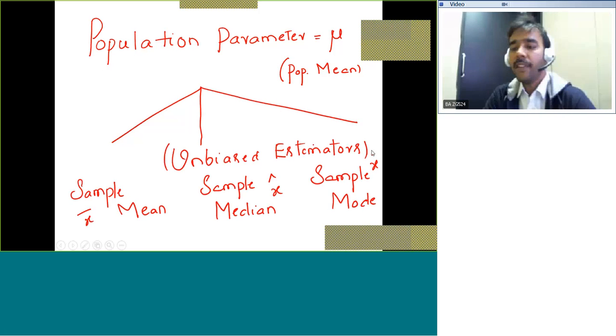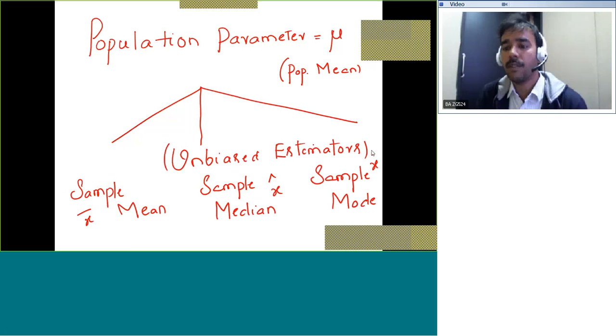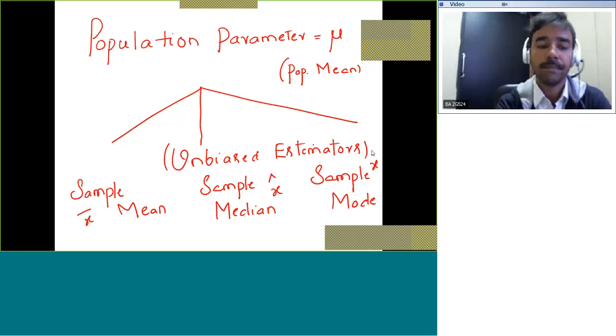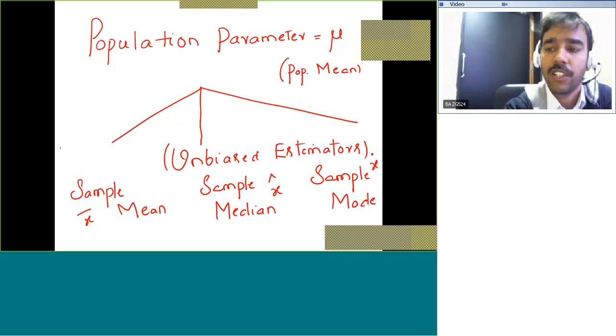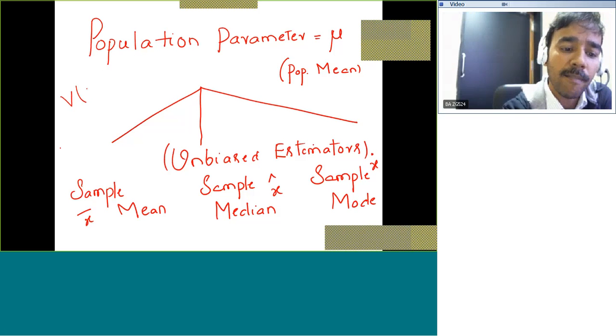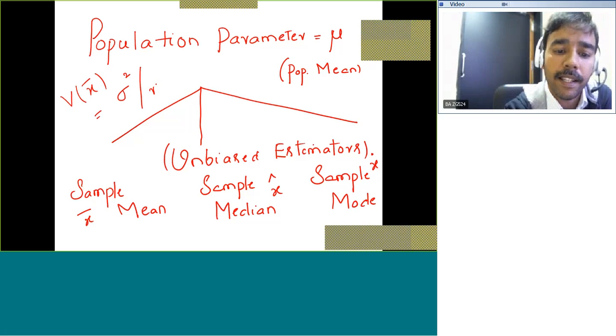So, for a given population parameter, you can have several unbiased estimators. Of course, they are also called sample statistics. But if you calculate the variance of X bar, maybe for an infinite population, it is sigma square by n.